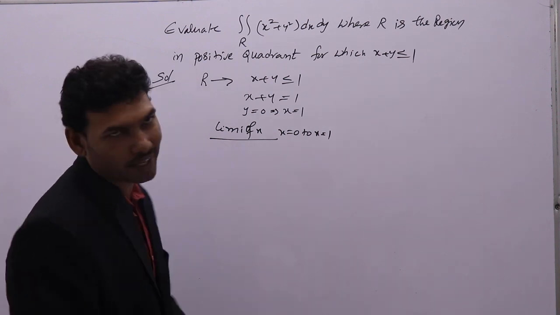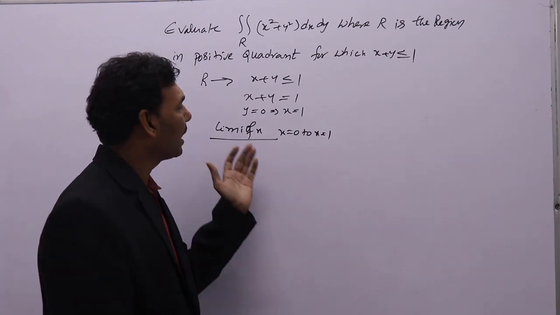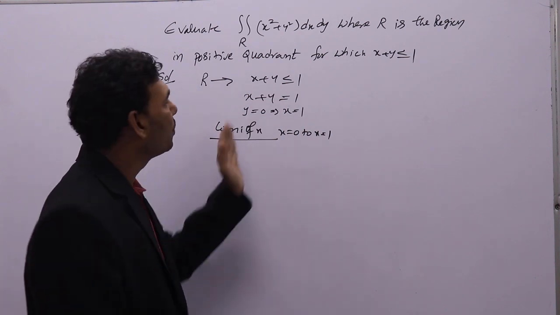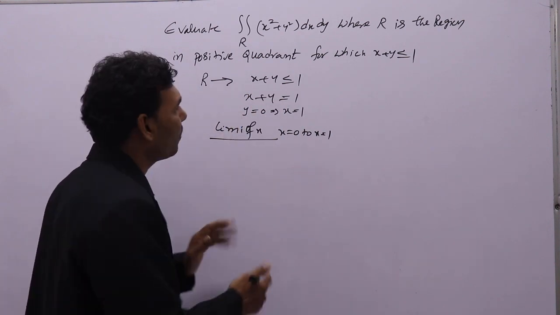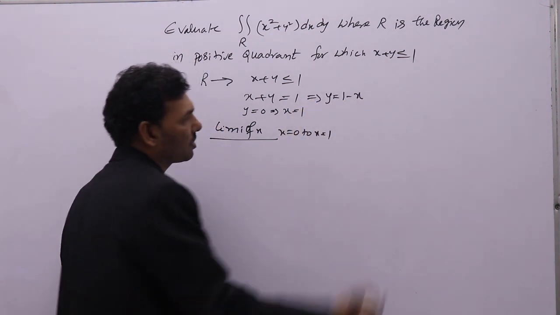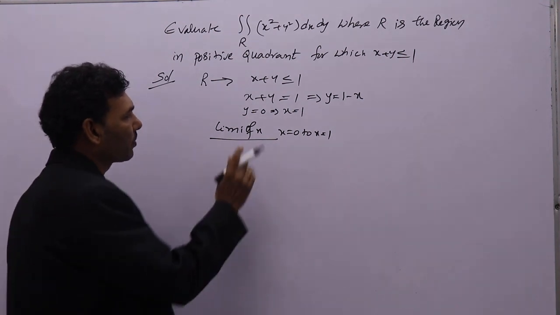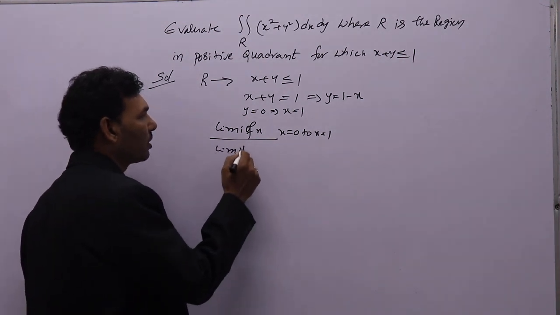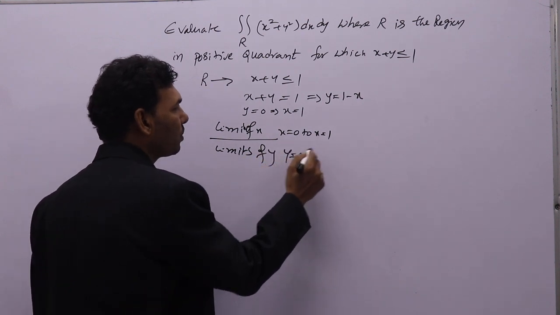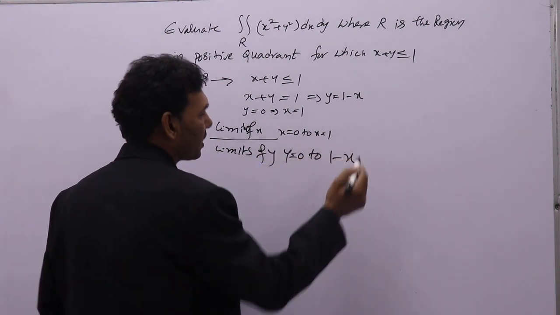Now coming to y, we are going to take the limits in terms of x, because x limits are constant. You need to take y limits in terms of x. For that, evaluate the y value here. What is the y value in terms of x? 1 minus x. Then the limits of y will be 0 to 1 minus x.